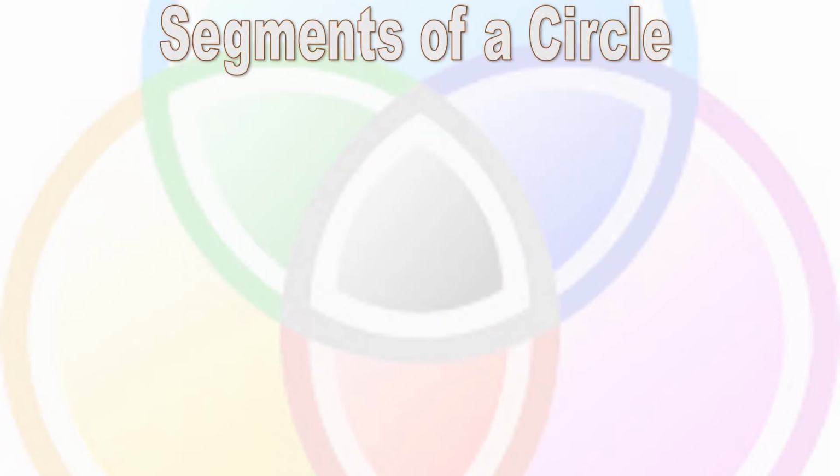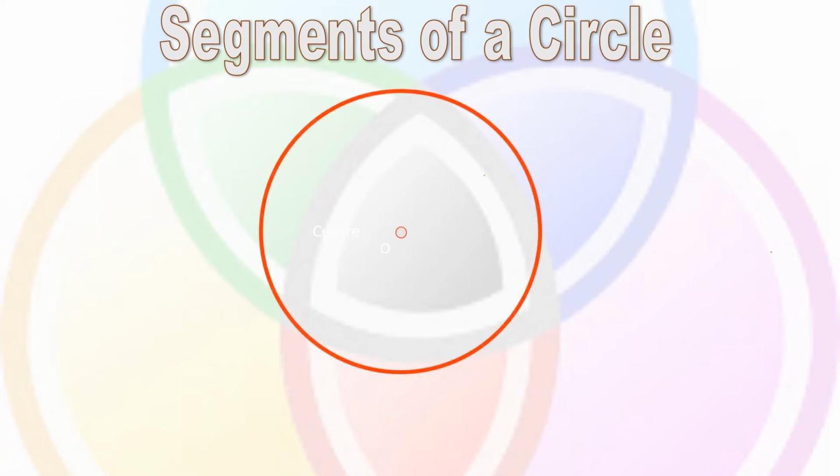Next is the definition for segments of a circle. We can have 2 segments for the circle. One is the minor segment and one is the major segment. Now how are you going to identify them?